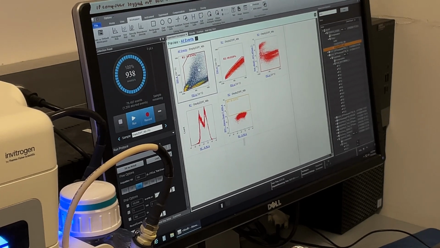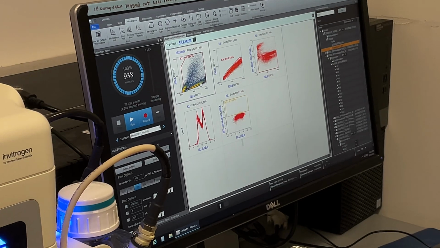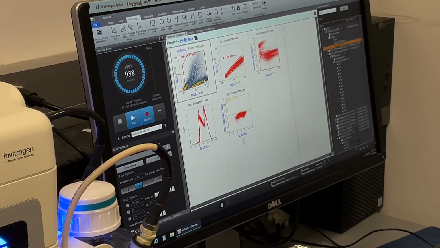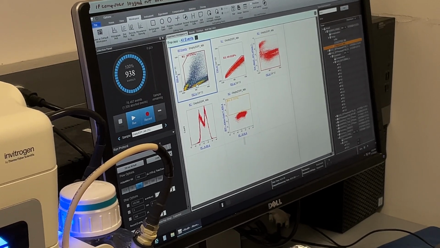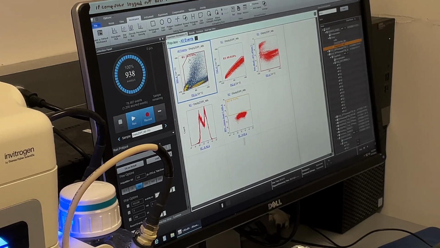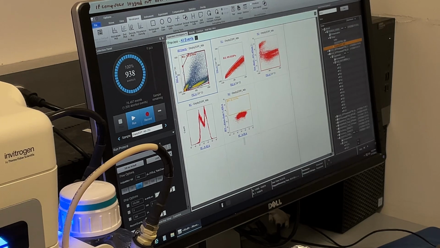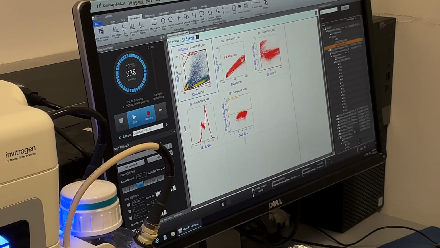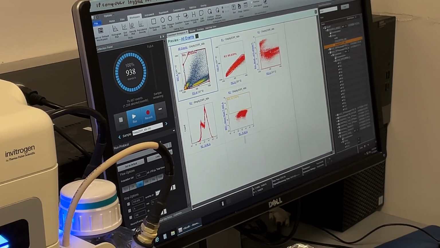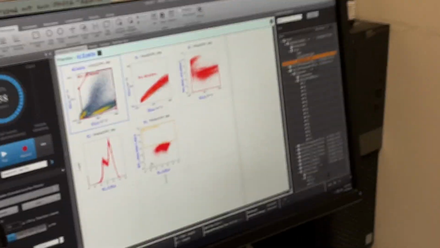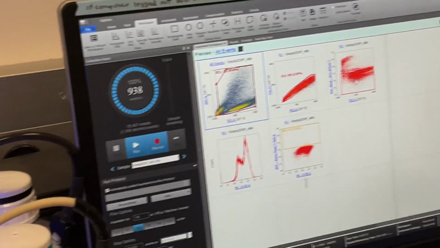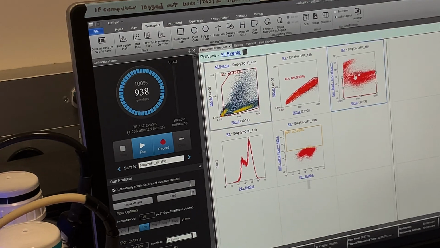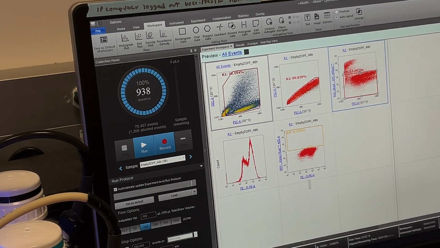Let me just see, put it again as well. So we got this, and I want to include this bit here. That's RPE, that's the P signal.